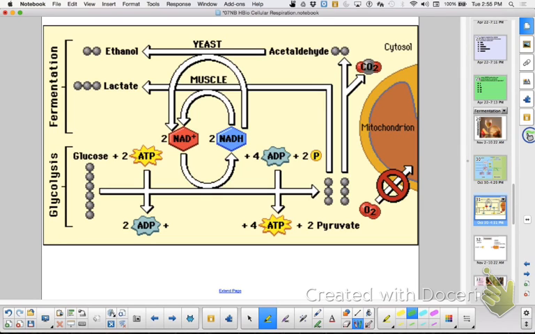Reduced, right? We need it to be back to what state? Oxidized, so we can reduce it again, right? So that's why you do fermentation. The process of fermentation takes your pyruvic acid and reduces it into lactate, or takes your pyruvic acid and reduces it into alcohol, so you can oxidize your NAD and reuse it again.